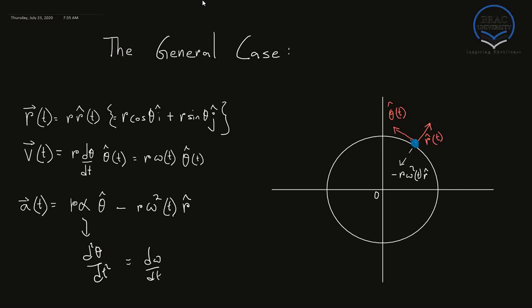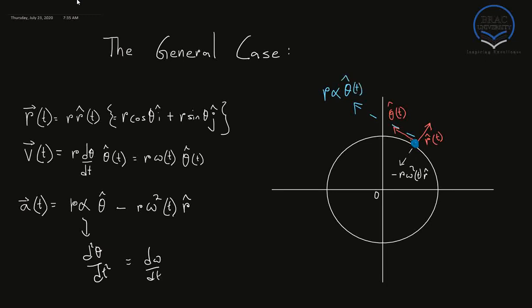Let's say alpha is positive. Alpha could of course be changing with time, by the way, but let's say for now at this instant in time it's a positive quantity, in which case we would have another vector that points in the same direction as theta hat(t), and this would be r alpha theta hat(t).